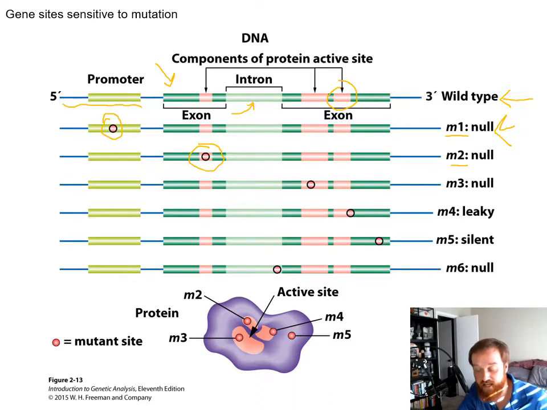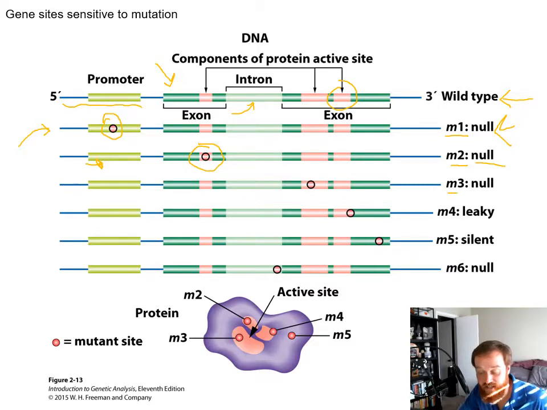And so in this case, we also see that there is a null phenotype, meaning that even though this protein product likely would still be made because there's nothing stopping transcription here, like in the first, the M1 copy, although this protein's made, when it actually gets around to where it has to be in the cell, floating around looking for a binding partner or its catalyst to work with, that binding site is screwed up from this mutation, and thus it's not able to perform its function. So we see the same result as we would with a change in the promoter, where we're actually not getting a functional protein.